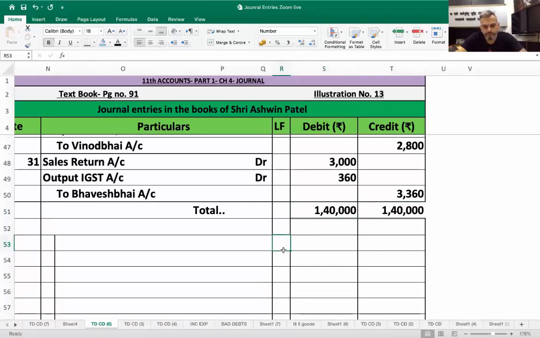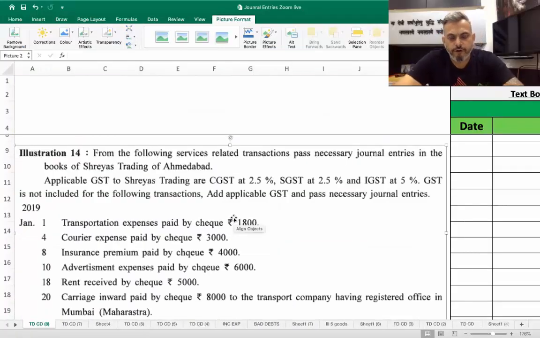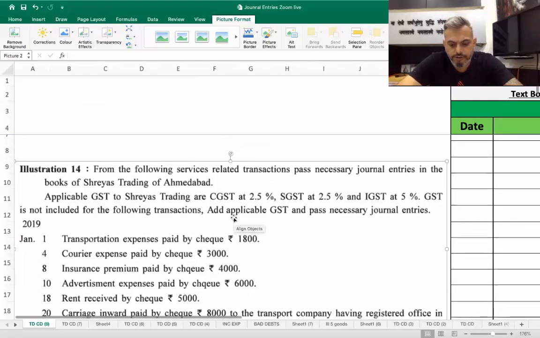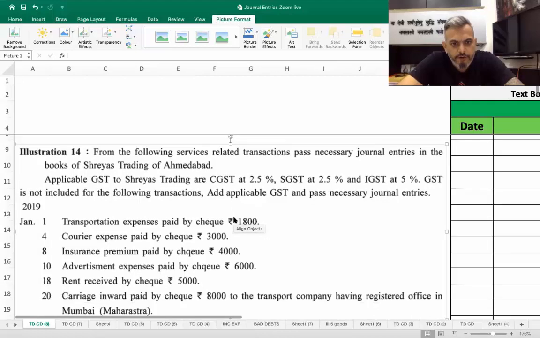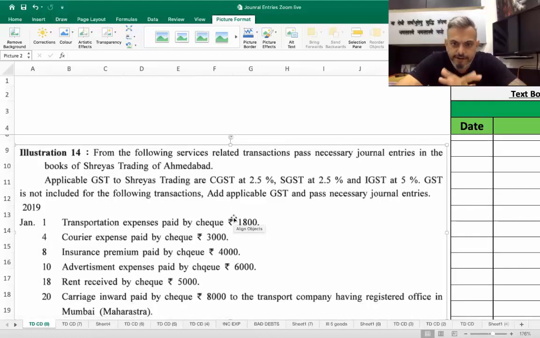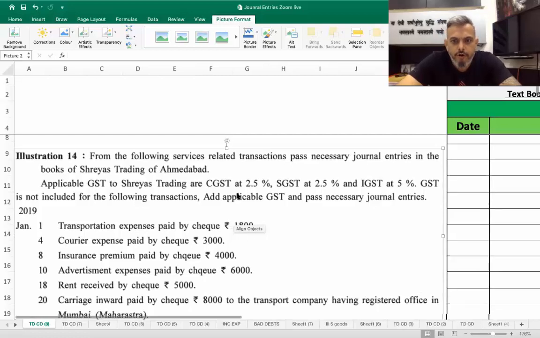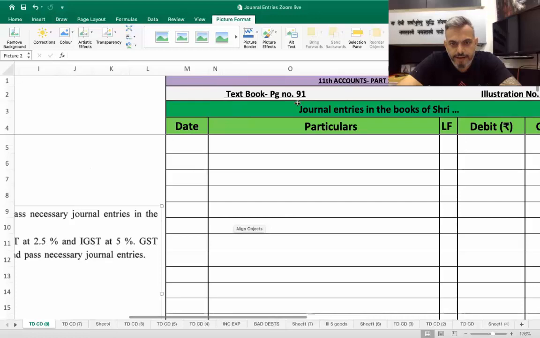Okay. Illustration number 14 is what we will be doing now. Now illustration 14 is about income and expense related transactions. Now from the following service related transactions, pass necessary journal entries in the books of Shreyas Trading of Ahmedabad. So write the heading.